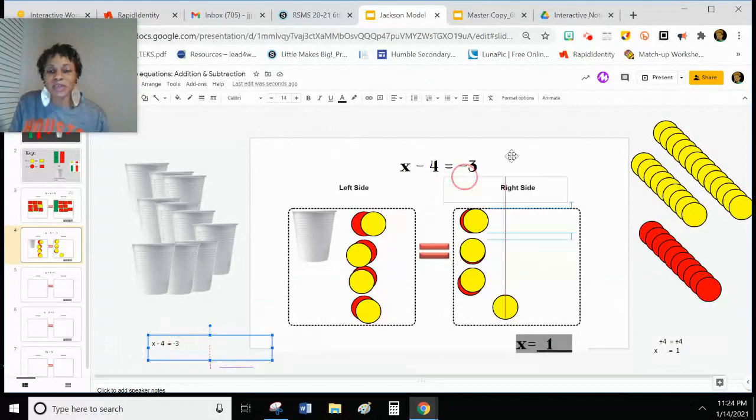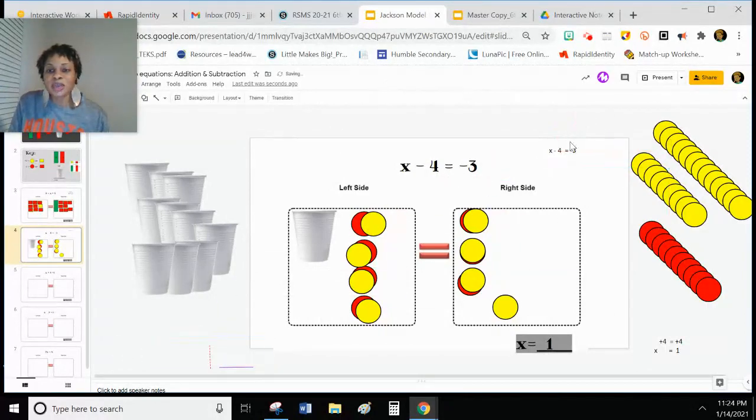So if our problem is X minus 4 is equal to negative 3, remember we're going to draw that dotted line down the middle. That shows our two sides that we want to keep balanced. And I know these problems are easy. You can do them in your head. It's not about you being able to solve for X at this point.